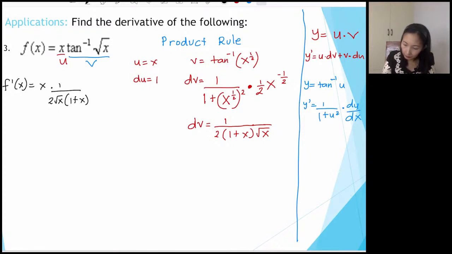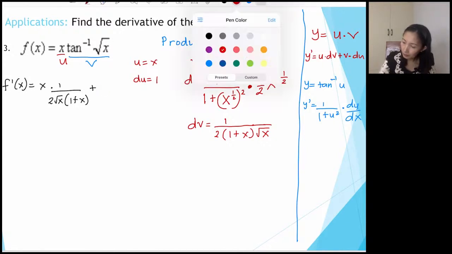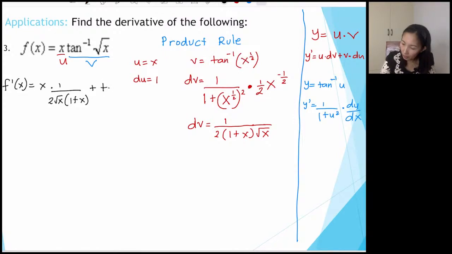Plus v du. Okay, so we're done with u dv, we're done with the first. So now moving on to v du. Plus v, which is arctangent of the square root of x times du, which is 1.